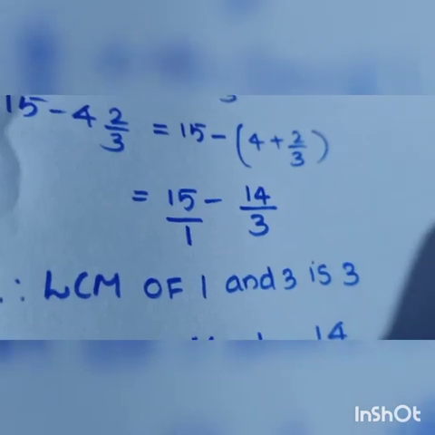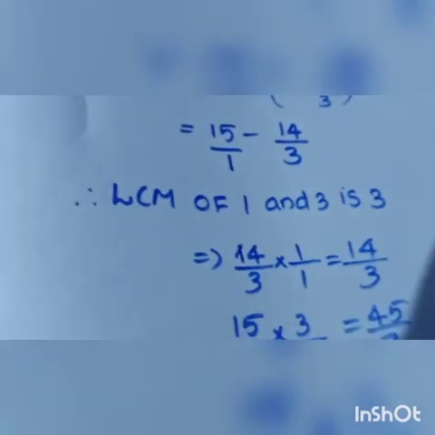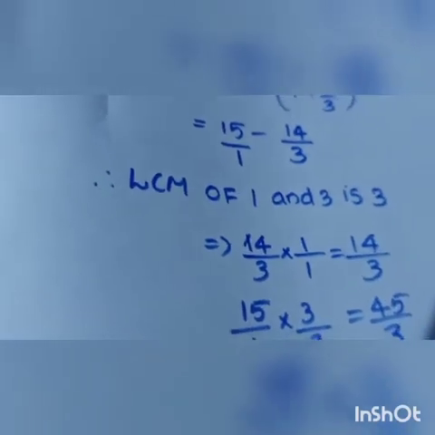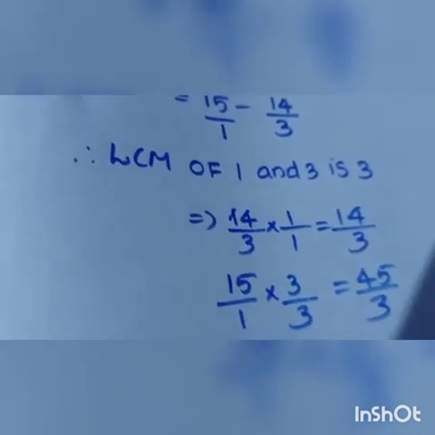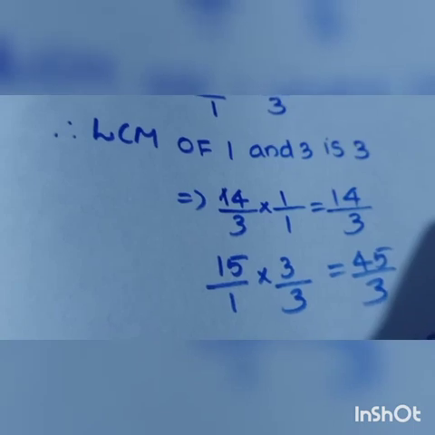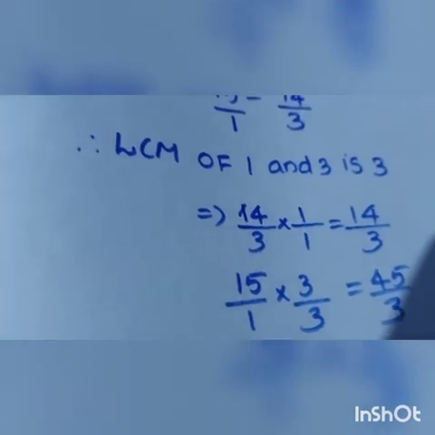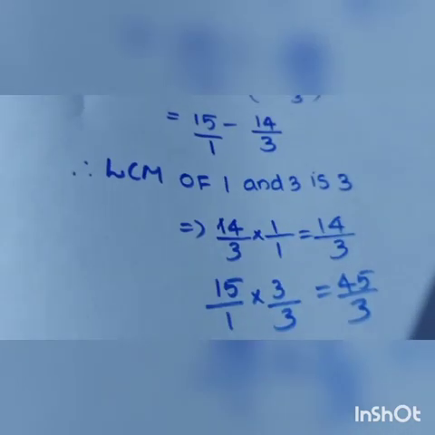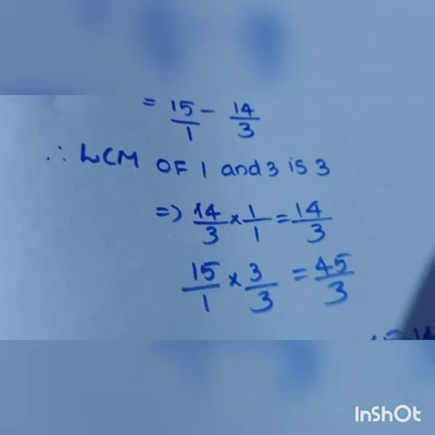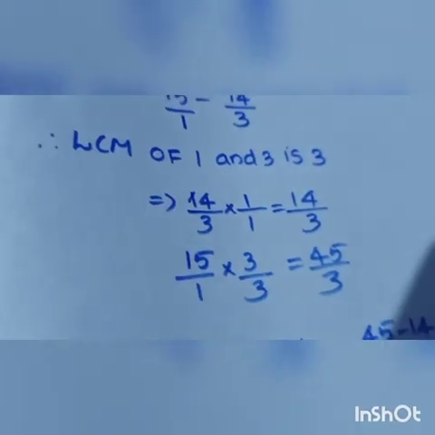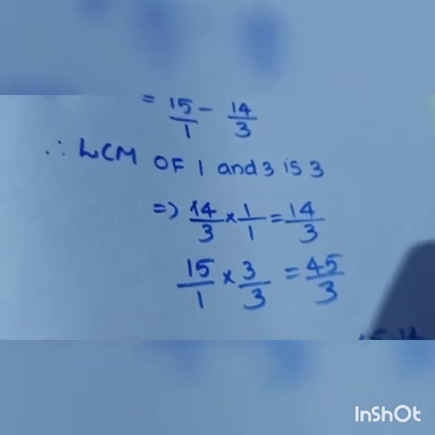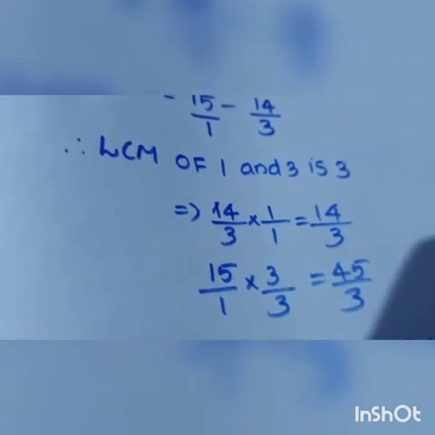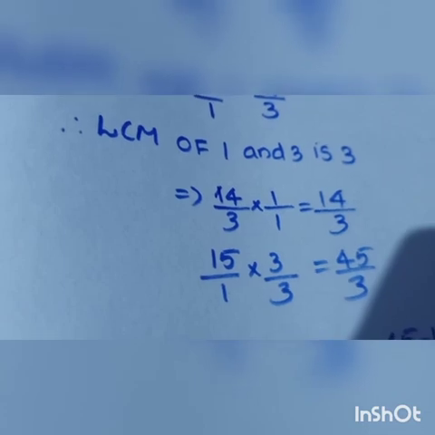It's in improper form. So first we find the LCM of the denominators, that is, of 1 and 3, which is 3. Next, express all the fractions with the LCM as their denominators.